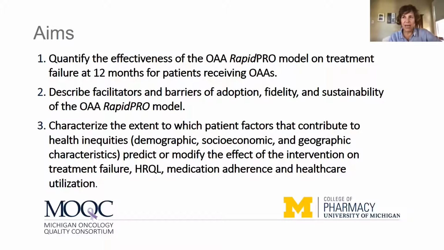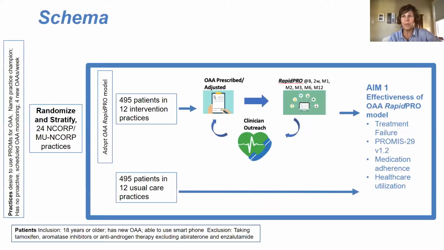And then the schema is on the next slide. This is aim 1, where you can see that we want to randomize and stratify 24 sites. We would have 12 intervention practices, 12 usual care practices, 495 patients across those 12 practices.